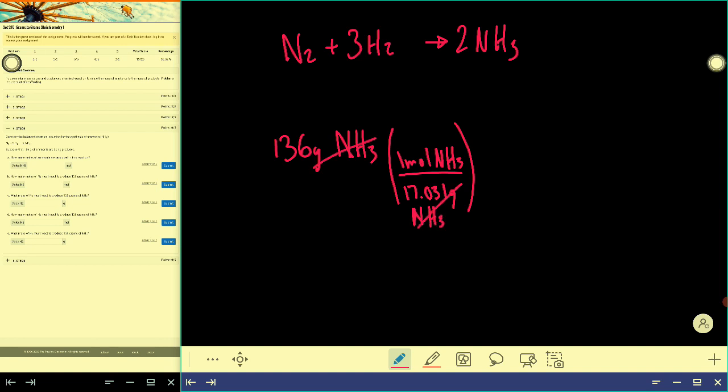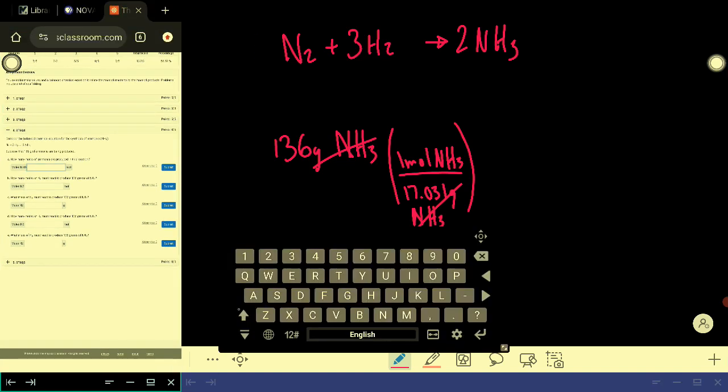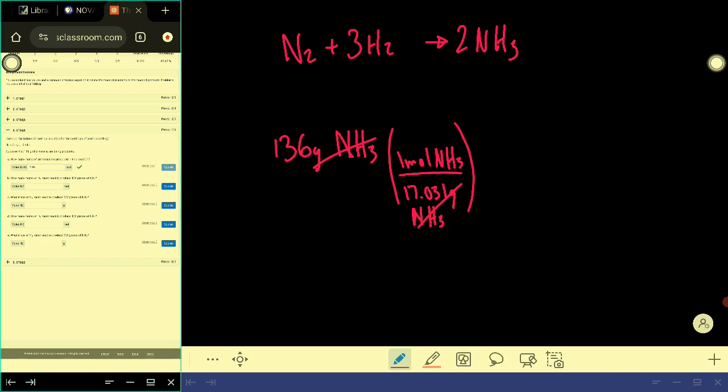Grams of NH3 cross off, and I'm in moles, and that's what I wanted to get to, so 136. Again, your number's going to be different, and that gives me about 8. I was given 3 sig figs though, so I'm going to do it, even though one of these times is probably going to not like it. 7.99 is what I get.